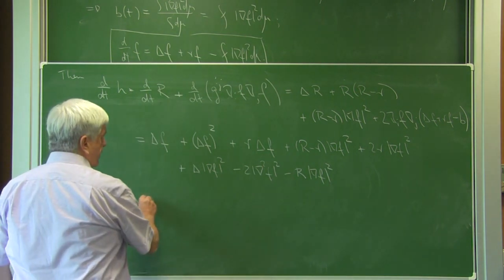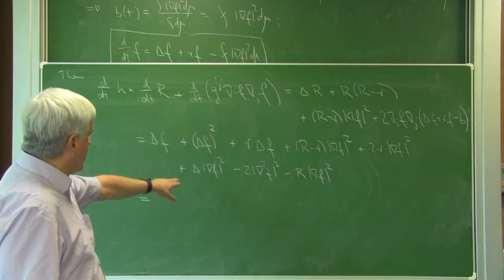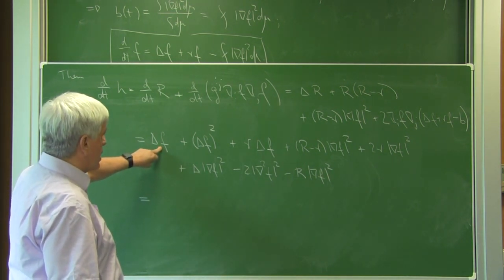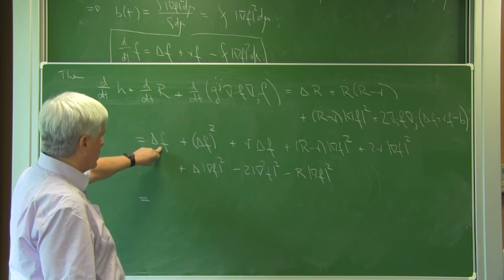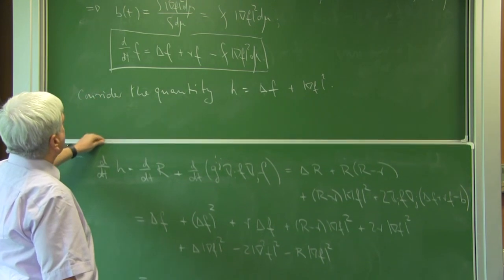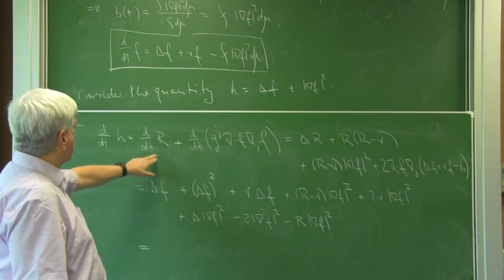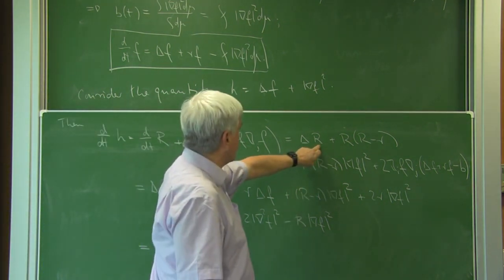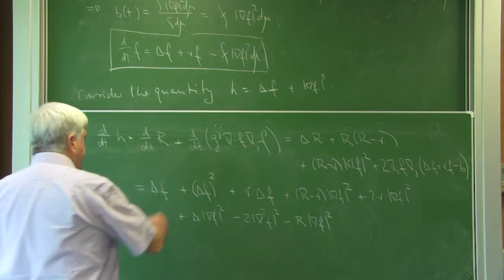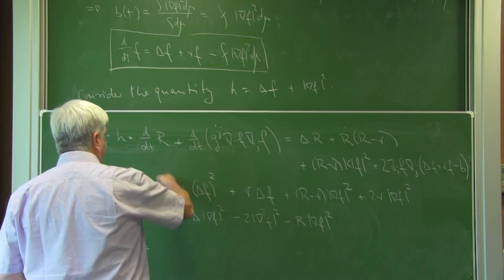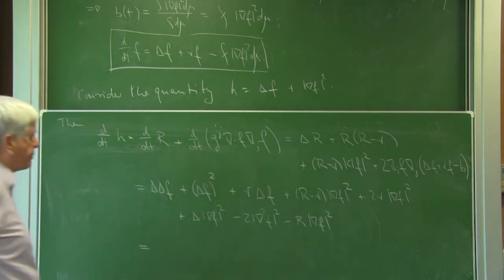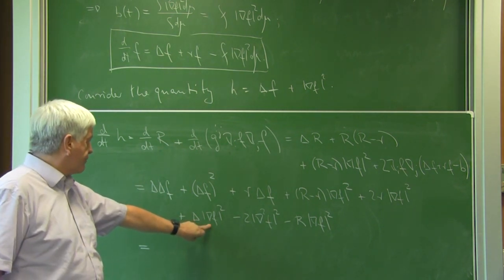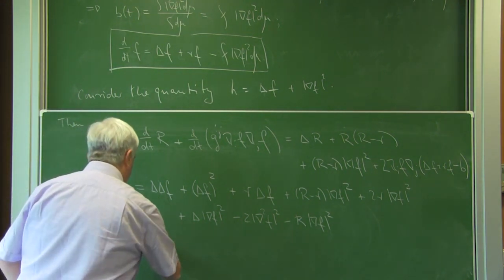So collecting everything, I have the Laplacian of R. The Laplacian of R is, oh, that's the Laplacian of the Laplacian of f. And on the other hand, I have the Laplacian of the gradient of f squared. So this together is the Laplacian of h.